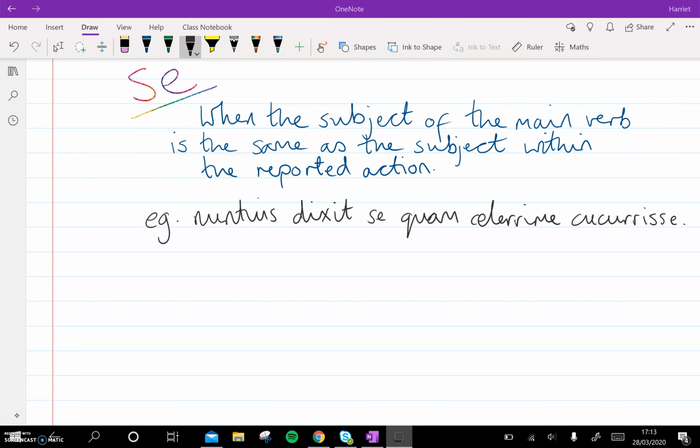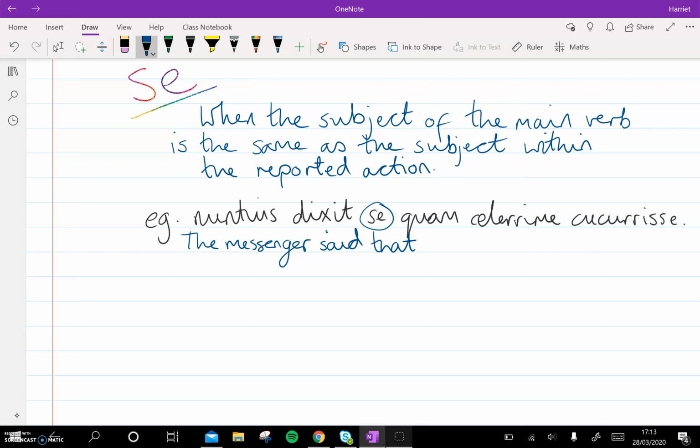Okay, so quite a straightforward one here. So we have the messenger said. Then, as always with an indirect statement, we put in the word that. Then we need to find our accusative. Now here, this is the accusative. Se cannot be nominative. I know it really doesn't look accusative, but trust me, it's an accusative word. So the messenger said that.